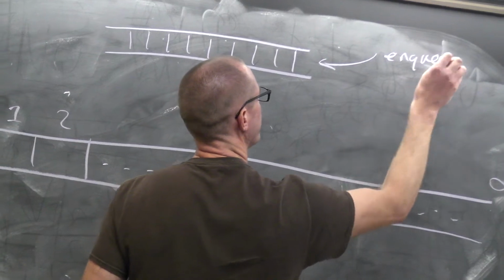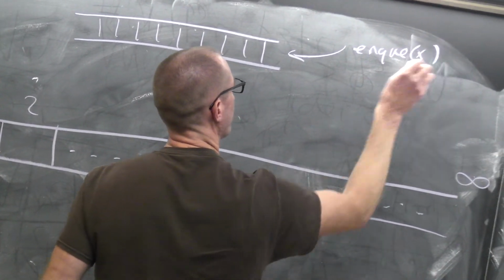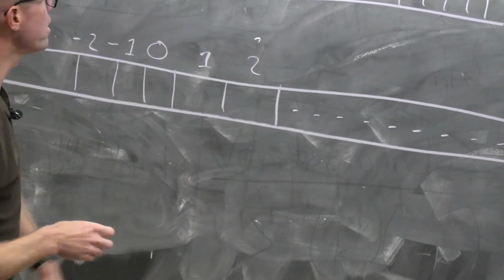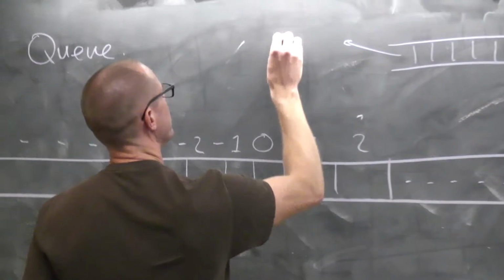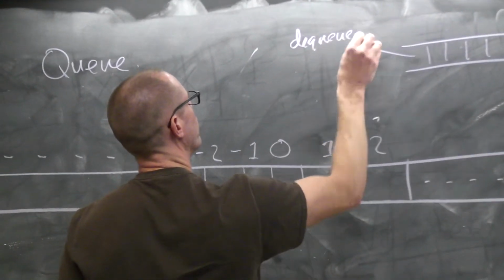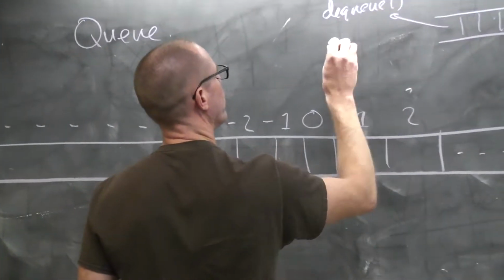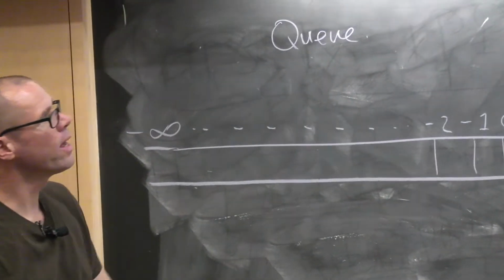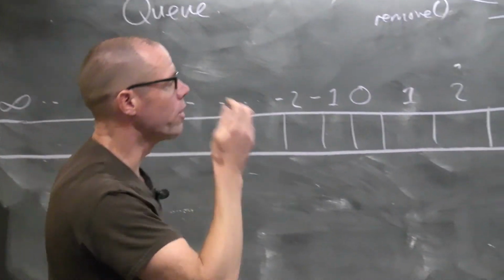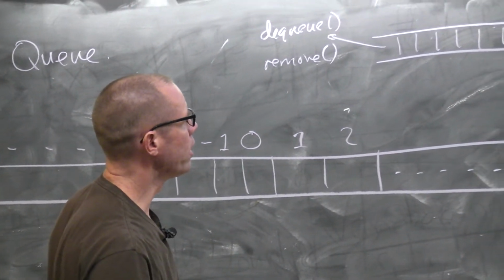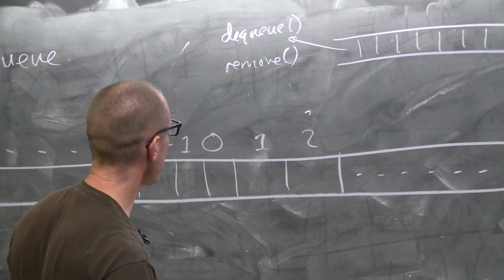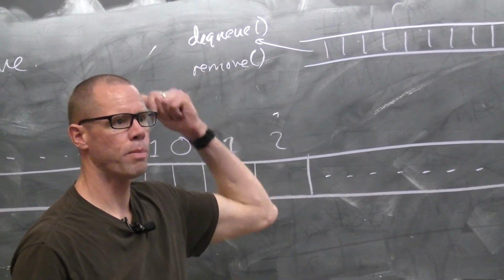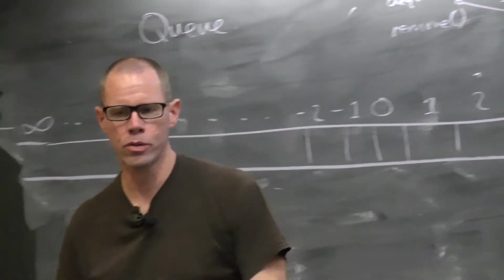You enqueue at this end, or if you like to use the Java terminology, you add things at this end, and you dequeue from this end, or in the Java language, that's removing things. That's the thing that we tried to implement up there using an array stack, and we failed because this dequeuing operation was too expensive. Removing from the front is just too slow.